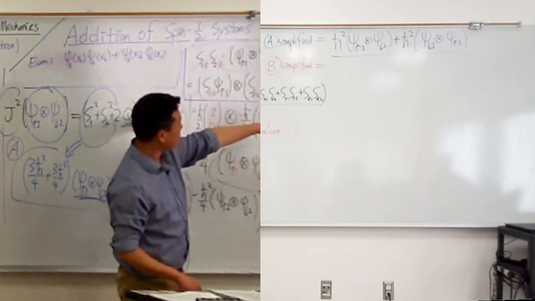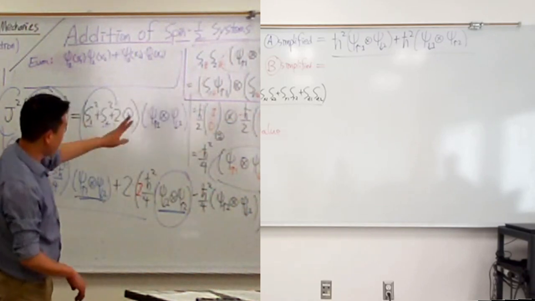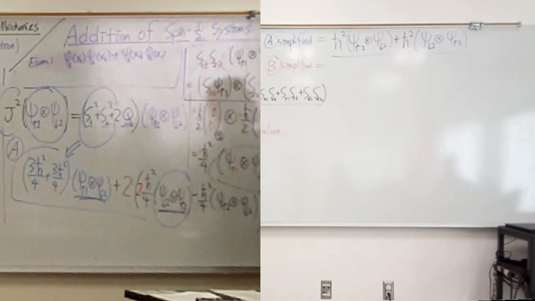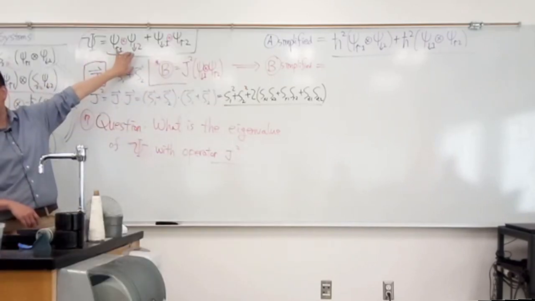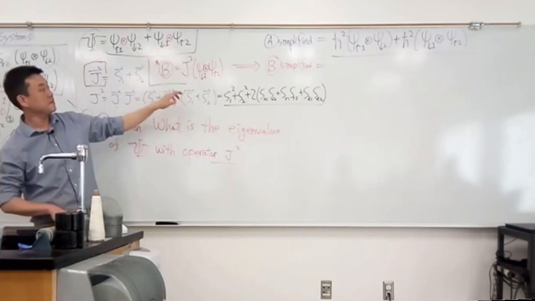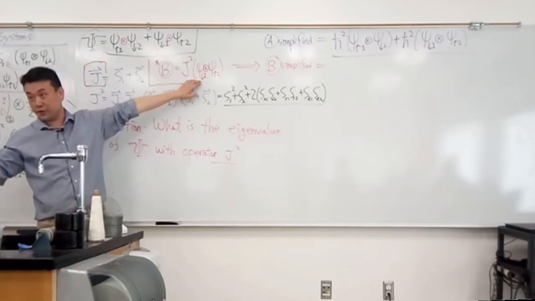So let me write down what I was telling you. You already have two of these terms. You already have the one that corresponds to this. You only need the one for this. So this could be the calculation you are doing.